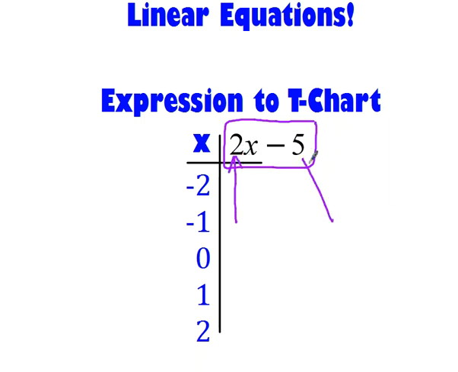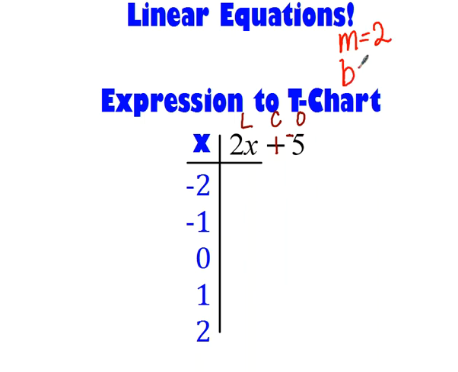Your y-intercept, a lot of you would probably say 5, but this subtraction sign goes with this 5, so this really is a positive 5. If I were to do LCO, leave, change, opposite, this is actually a negative 5. So we could say that m is 2 and b is negative 5.